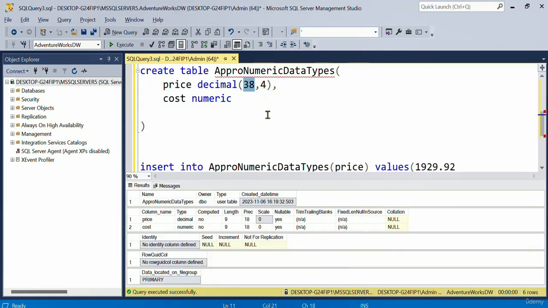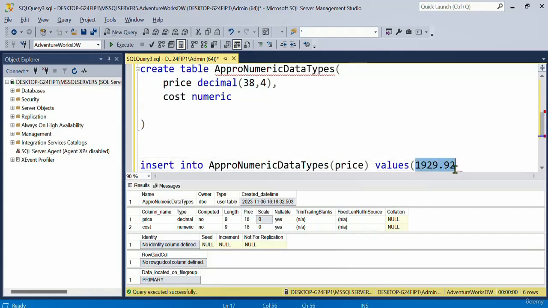So this example was about two things in this video: to explain the different approximate numeric data types and this concept of precision and scale. Again, to repeat, precision is the total number of digits in your number. Scale is the number of digits on the right hand side after the decimal. The maximum it can go up to is 38, and the same applies here as well. So keep in mind these two things about precision and scale going forward.